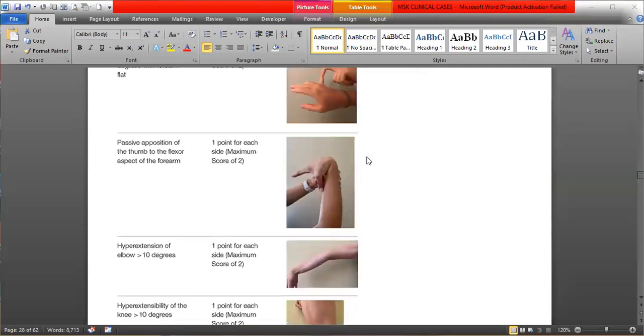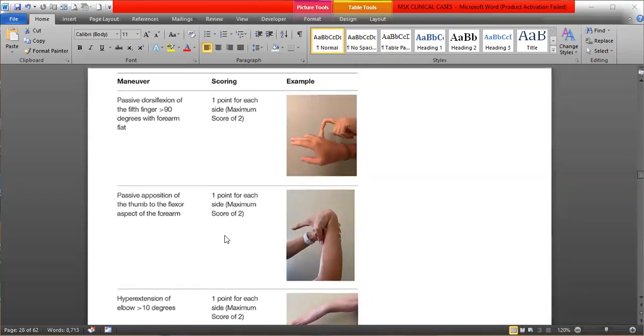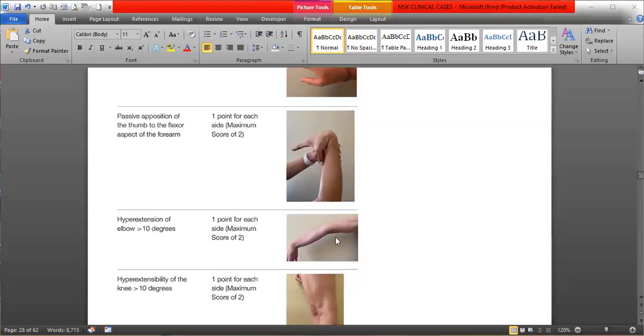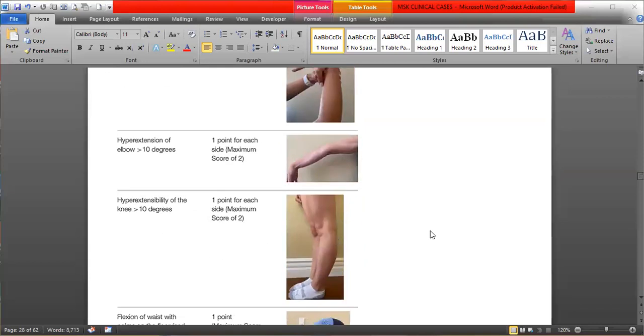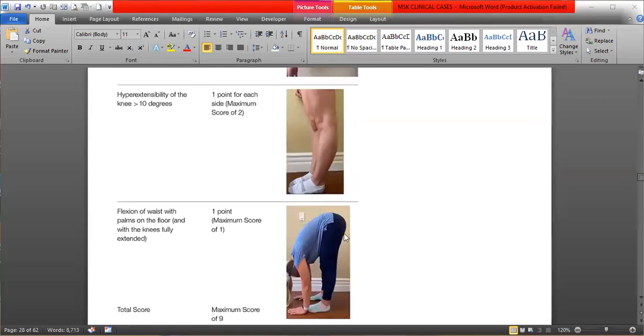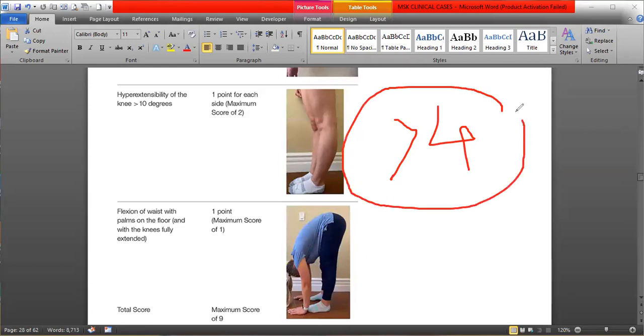So this scoring system is very much important. 2 plus 2, 4, yeah, total 9. Now for the Beighton scoring, if it is more than 4, then the child is possibly having a hypermobile joint.